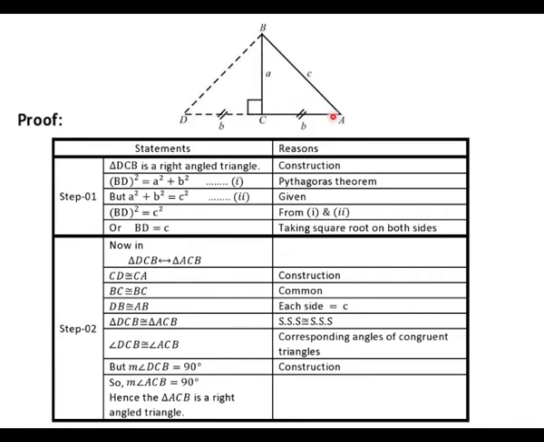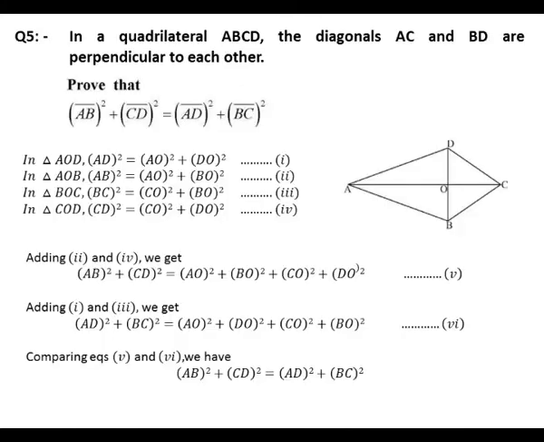So we have proved that angle ACB is equal to 90 degrees, and if this angle C is 90 degrees, then the triangle ACB is a right angle triangle, and this thing was to be proved.